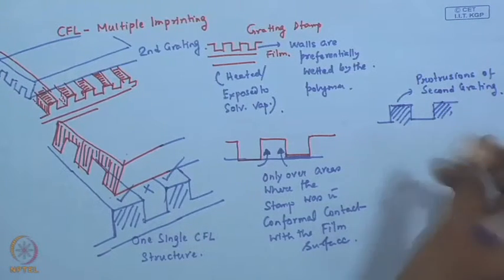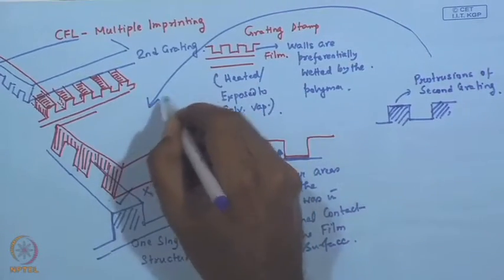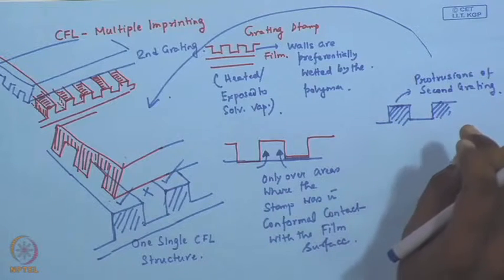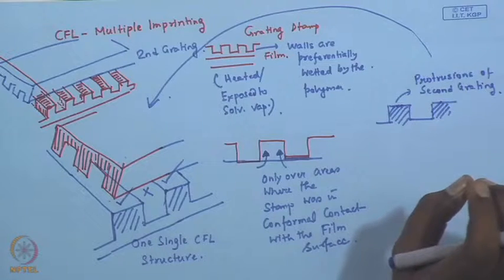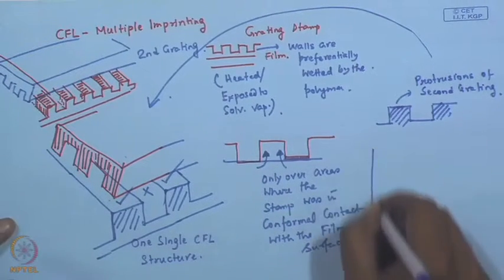So, this grating you go and place here. The protrusions of the second grating are in contact with the pre-patterned film, let me write it down.